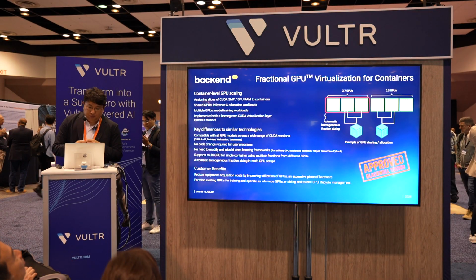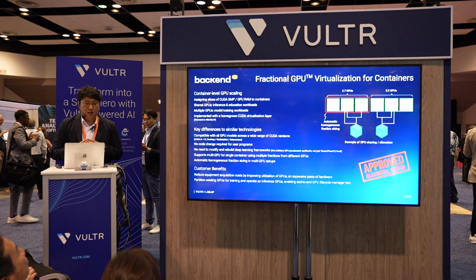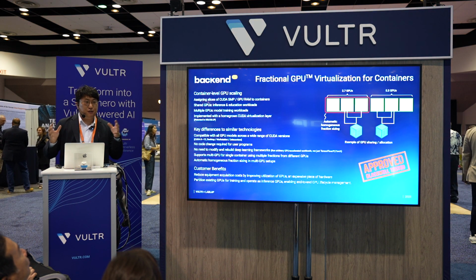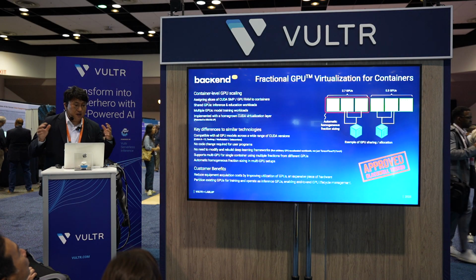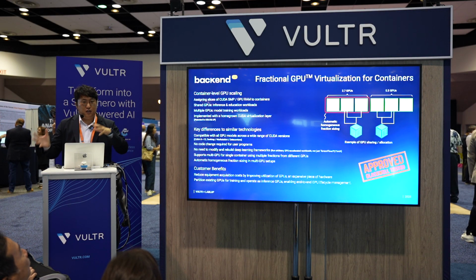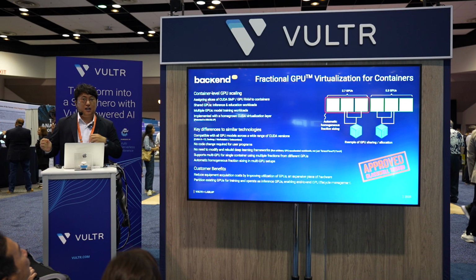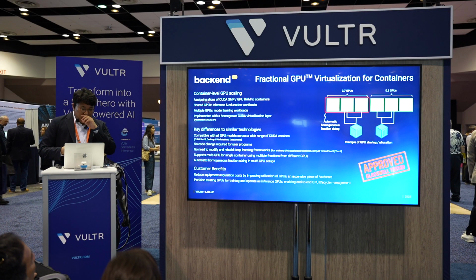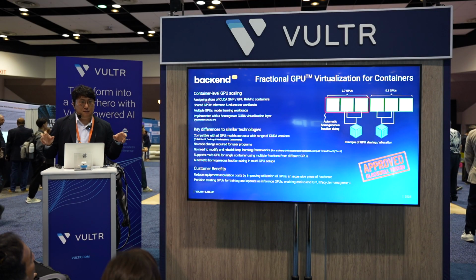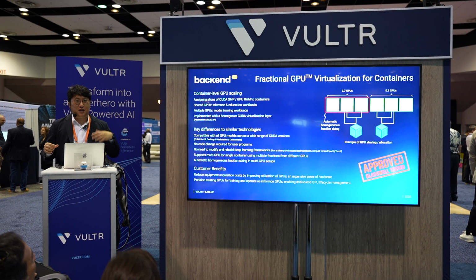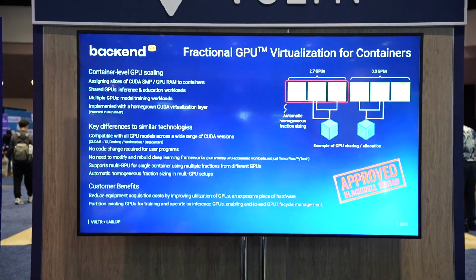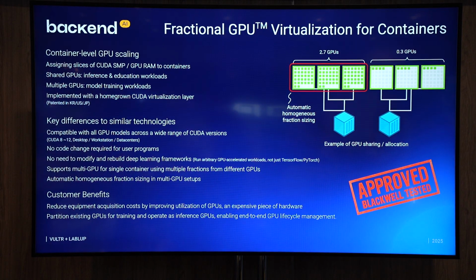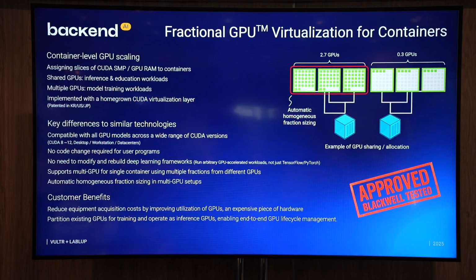Behind the scenes, we are providing our own fractional GPU virtualization technology optimized for containers. This is basically slicing the NVIDIA GPU's streaming multiprocessors and memory spaces and making them smaller in the view of the user workloads. There are many similar technologies, like CUDA multi-process service or CUDA MIG, multi-instance GPUs, which are based on NVIDIA's own user-level process technology or driver or hardware-based segregation.